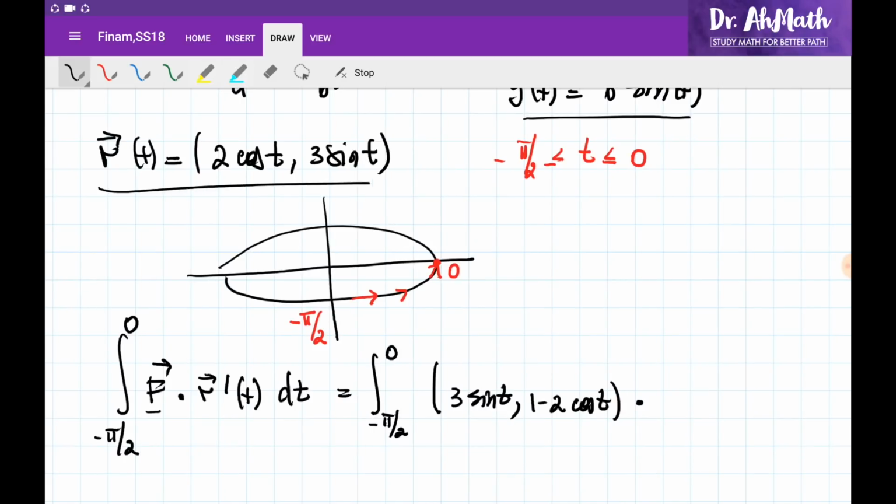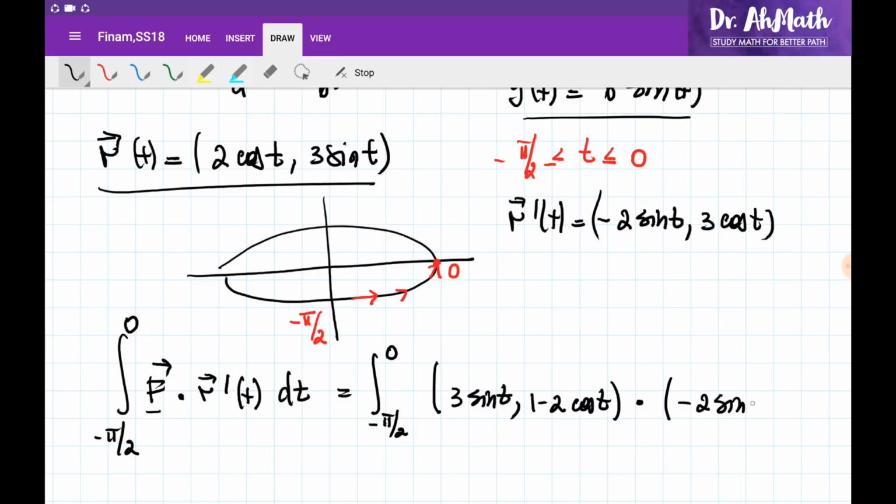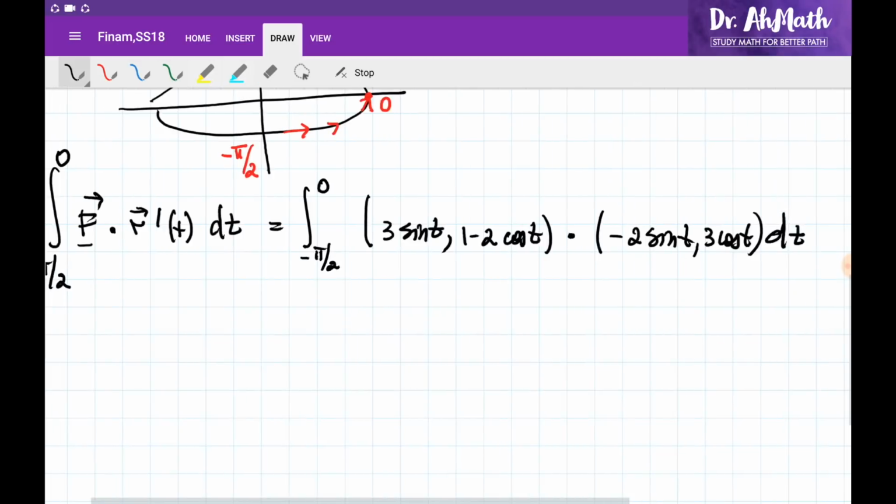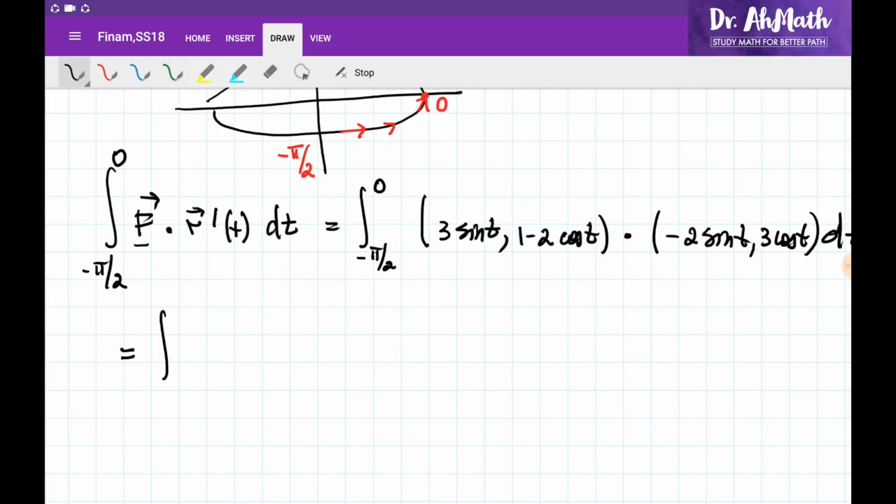If r of t is given like this, r prime of t is equal to minus 3 sine of t and 3 cosine of t. So we have to multiply this by minus 3 sine of t and 3 cosine of t, and integrate with respect to t in this range. Let's first multiply these vectors as a dot product.